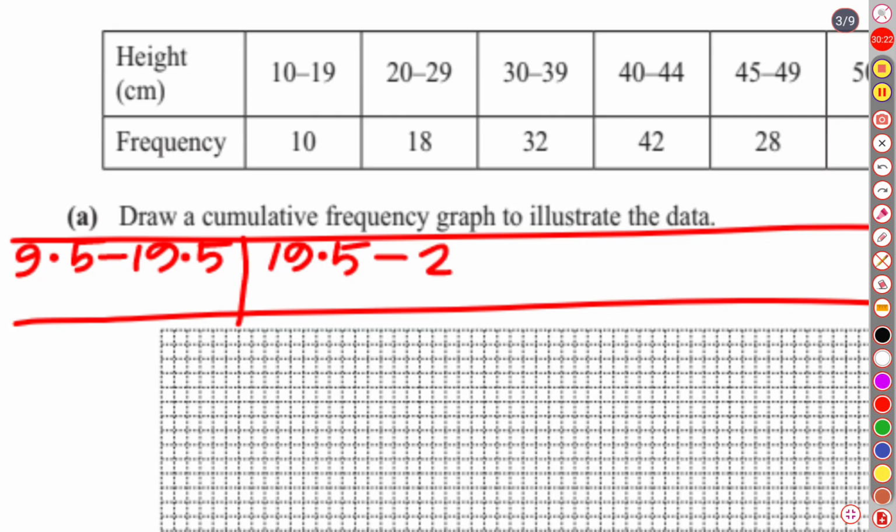Then the third class will be 29.5 until 39.5.